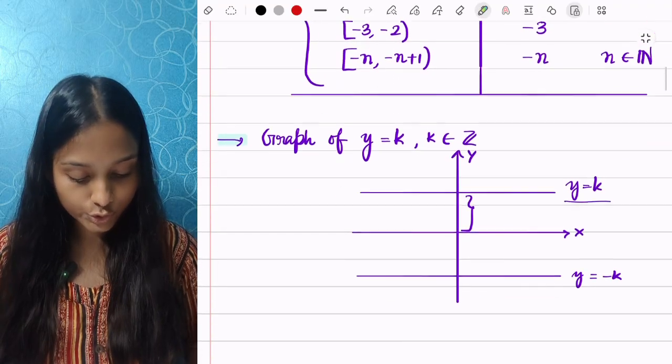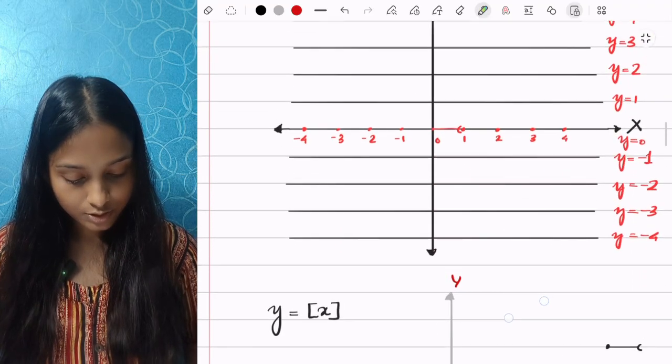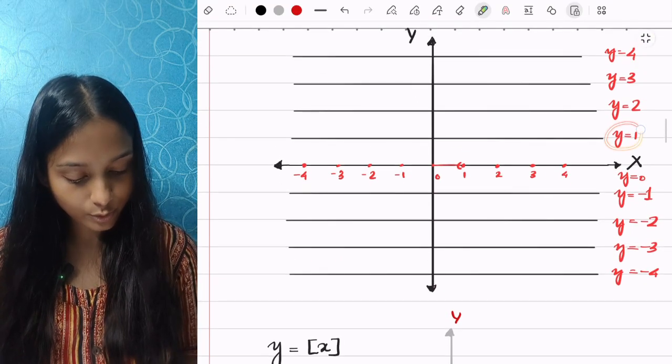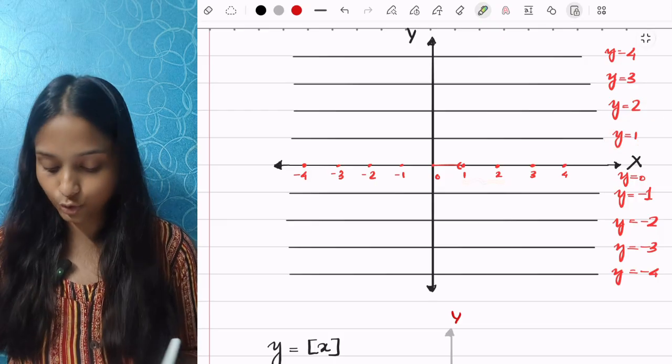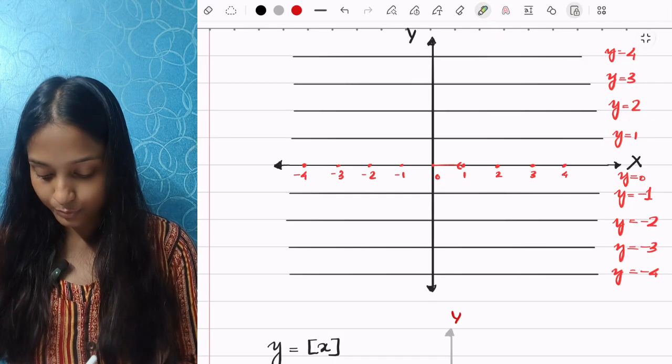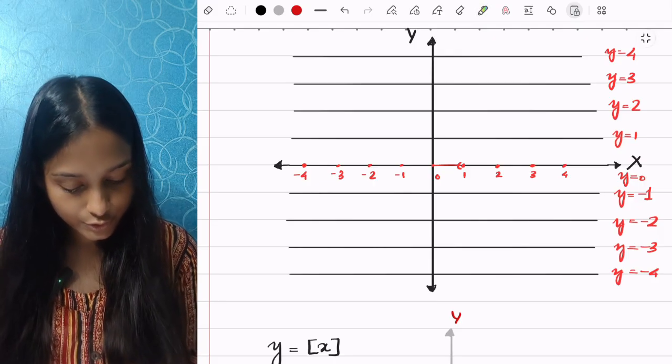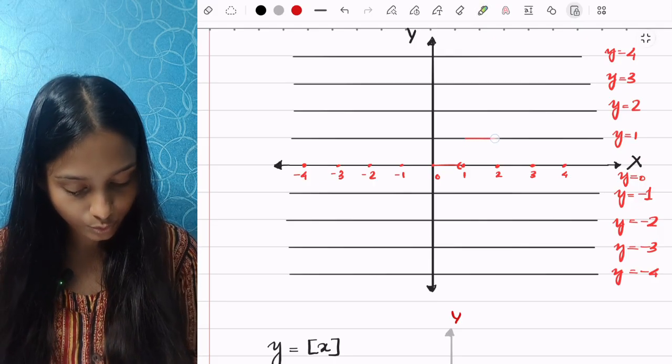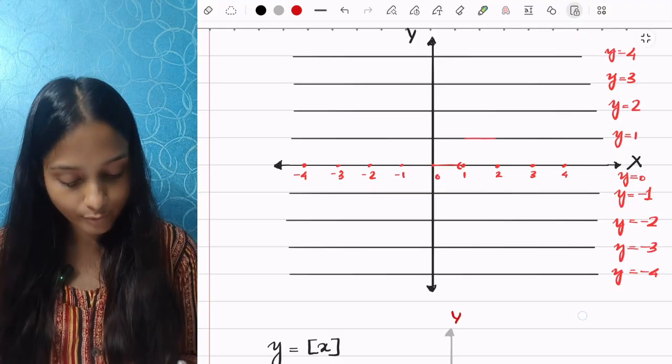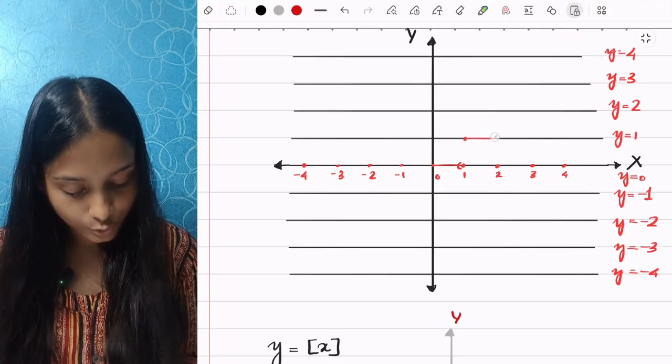Now let us draw those two. So this y equals 1 occurs between these two, closed 1 to open 2. So let me draw it. So this is y equals 1 between 1 to 2, where 1 is closed and 2 is open.